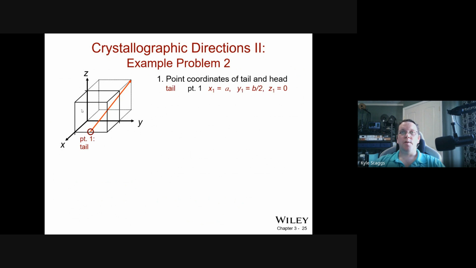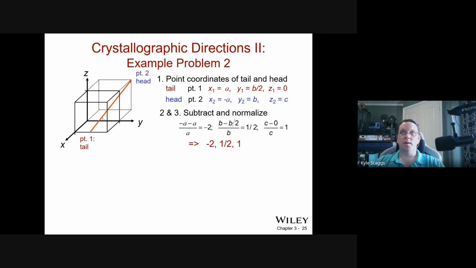So another example, if it starts out halfway, it's the same thing, except in this case, you have the starting point at A, half, 0. So here, the position 2 is minus A, B, because it's all one full unit, B, and then C, because it's one full unit out.